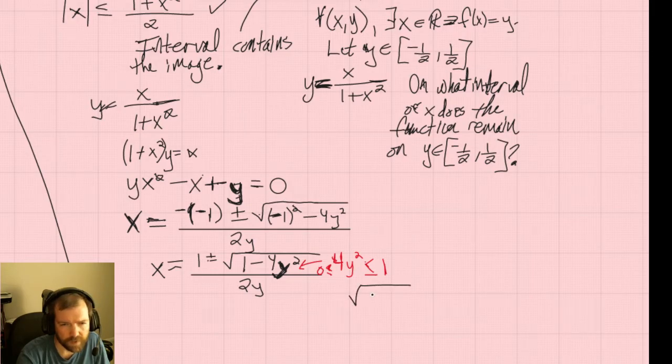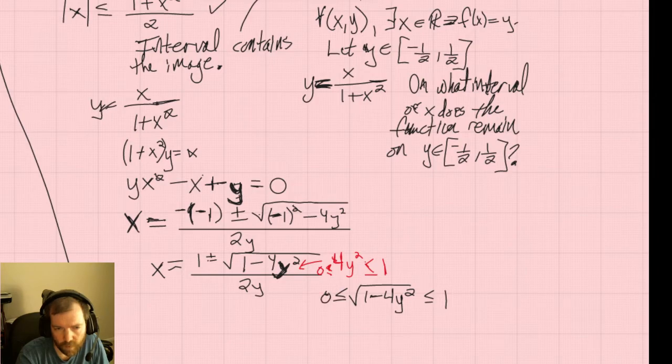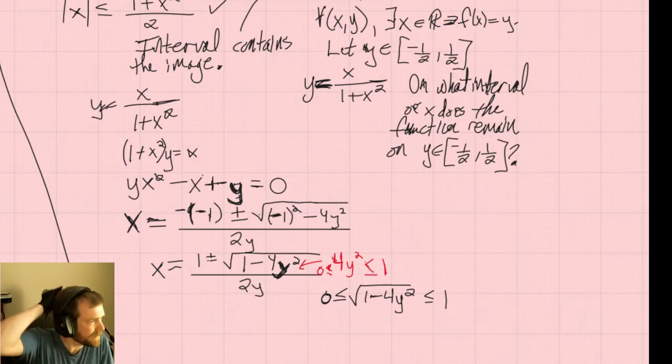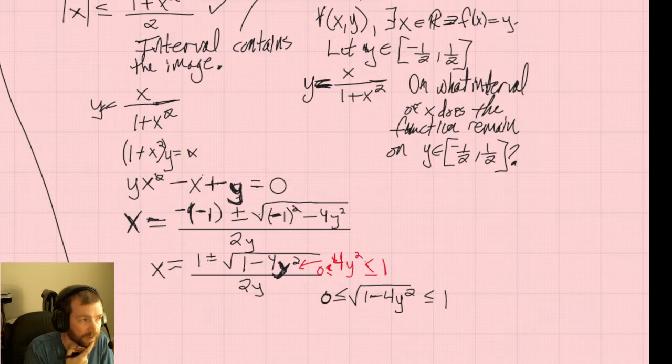The square root of 1 minus 4y squared is going to be between, again, 0 and 1. The denominator will also have a maximum value of 1.